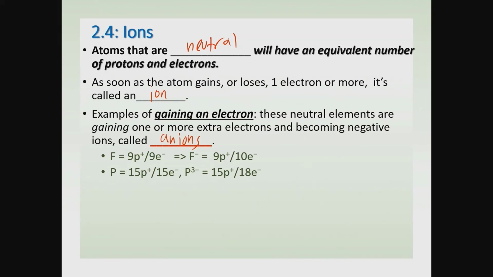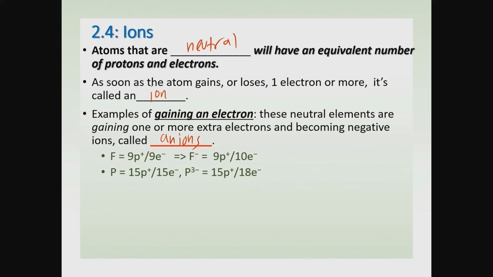So here's a good example. The first example is fluorine. Fluorine has an atomic number of 9, so it has 9 protons in it, so it should have 9 positive charges. Normally fluorine is neutral, and so it would have 9 electrons, but let's say you were able to add 1 electron to it, then it would have 10 electrons. And so now you have 9 protons, 9 positive charges, and 10 electrons, 10 negative charges.